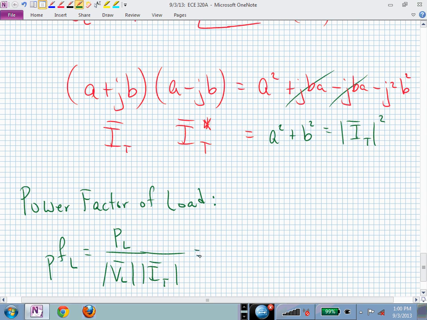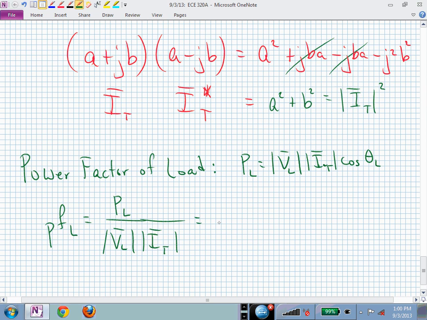If you remember our formula for P load, that's just the magnitude of the voltage times the magnitude of the current times the cosine of the angle of the load impedance, which now says that we could compute the power factor by just taking the cosine of theta sub L and noting what the direction of that reactive power was, whether it was positive or negative.